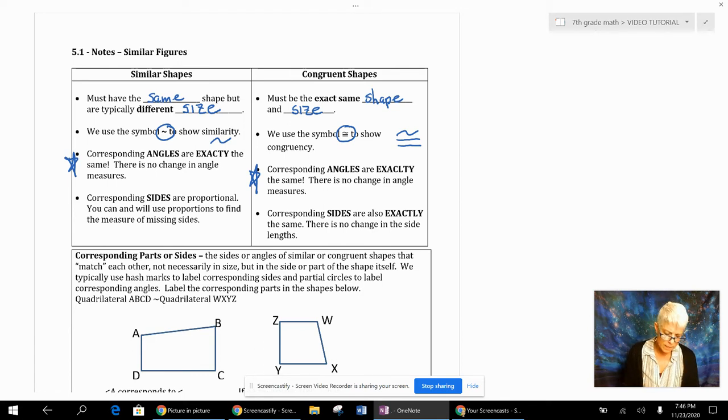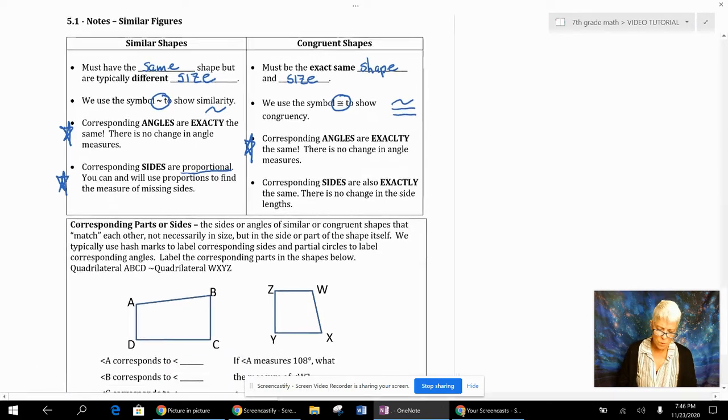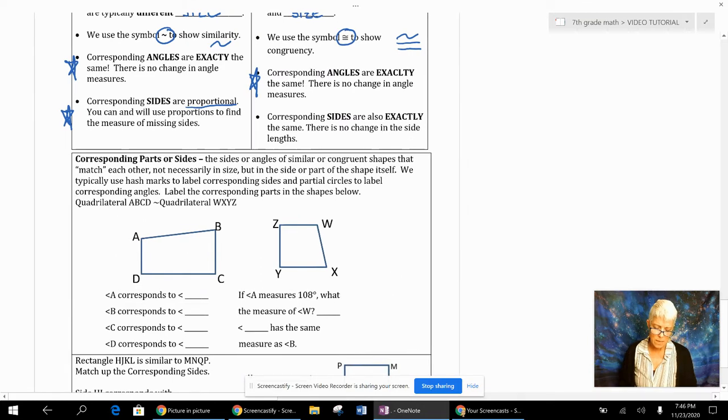So corresponding sides, looking back here, I'm going to put a star because you're going to have to remember this. Corresponding sides are proportional. So again, going back to that square, if one side is twice as long, then all the sides have to be twice as long. So it is still a square when we're done with it. Oh, and back to congruent, the sides are also congruent. The sides and the angles are both congruent.